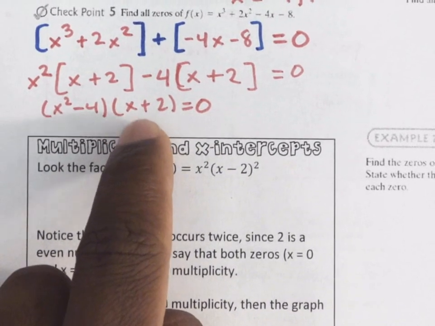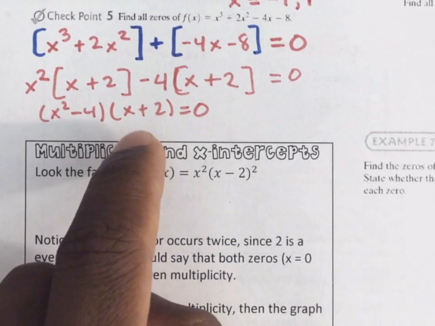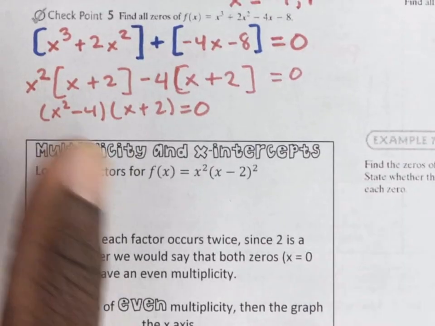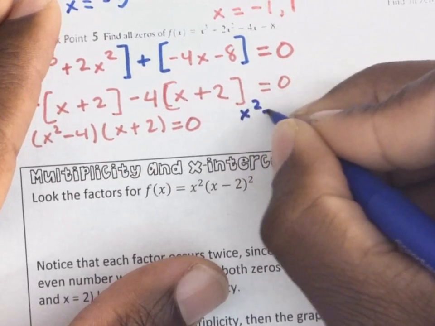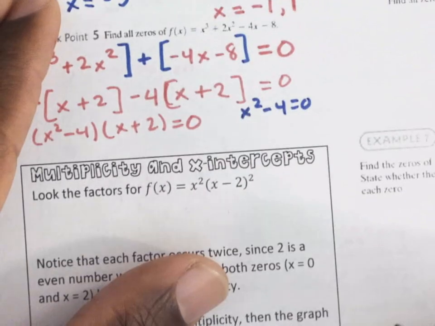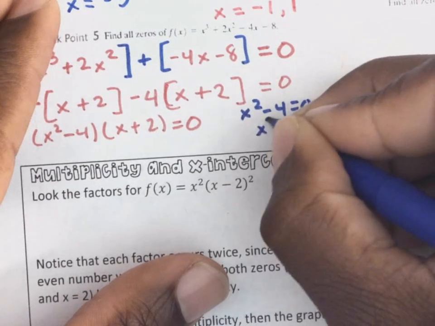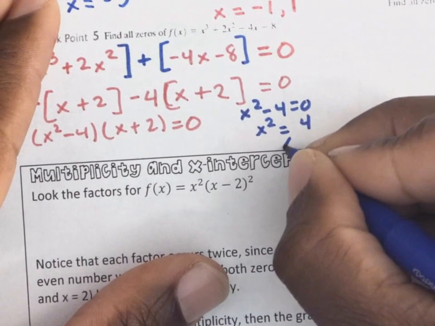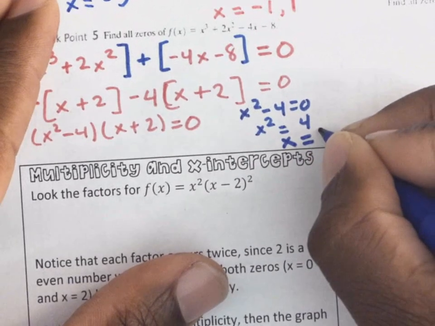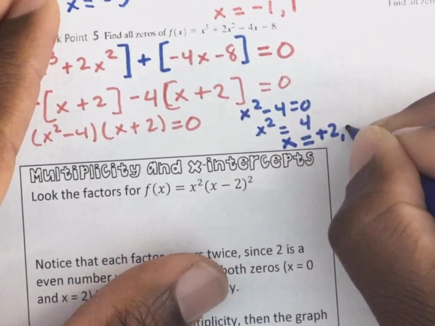We good here? Now I set each factor equal to what? 0, and I solve. Here I got x squared minus 4 equals 0. I add 4, and then I take the square root of both sides, and I get x equals +2 or -2.